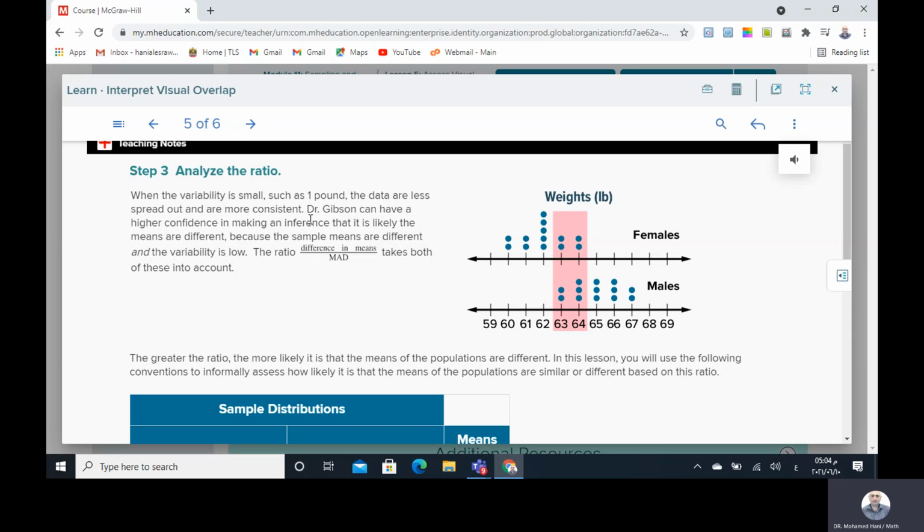So Dr. Jacobson can have a higher confidence in making an inference that it is likely the means are different, because the sample means are different and the variability is low. So the ratio, difference in means divided by mean absolute deviation, takes both of these into account.